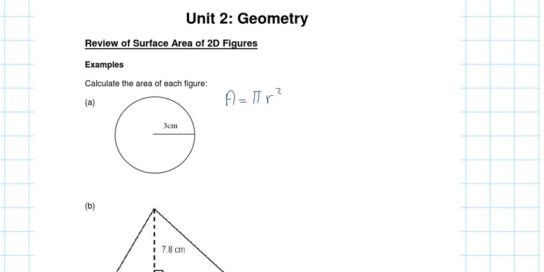Okay, so it's as easy as plugging in the radius, right? And then finding it in the calculator. All right, when you're using this in the calculator, I want you to find your pi button and use your pi button. I don't want you to use 3.14. So you're going to find the pi button in the calculator, and then you're going to multiply it by 3 squared.